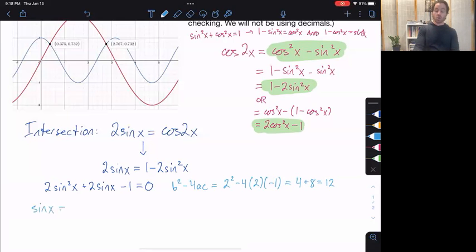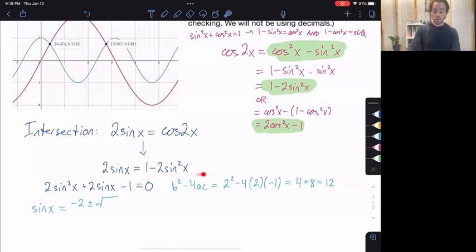Sine of x, not x itself, but sine of x equals, and now I'm going to do negative b plus or minus square root of b squared minus 4ac all over 2a. So negative b is negative 2 plus or minus square root of b squared minus 4ac. Now, if you're dumb like me, maybe you'll do the whole thing again.